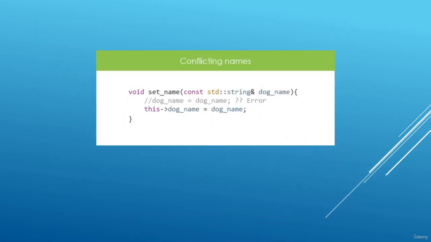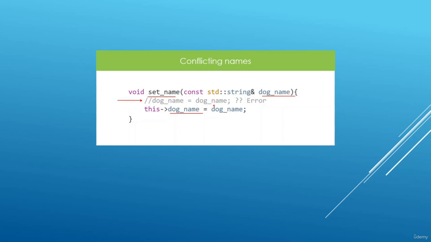Here is another use case for the this pointer. It may be used to resolve conflicts when you have a parameter and a member variable that are named the same way. For example, here we are calling the setName function. It has a parameter with a name, dogName, and it has a member variable called dogName. So if you do a statement like we have on top here, the compiler is going to be confused.